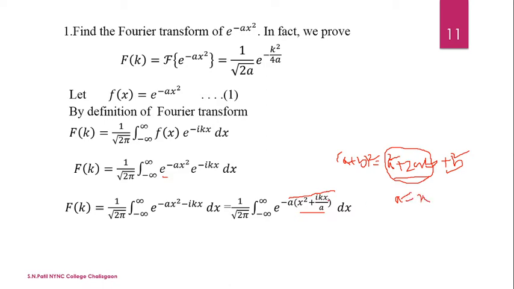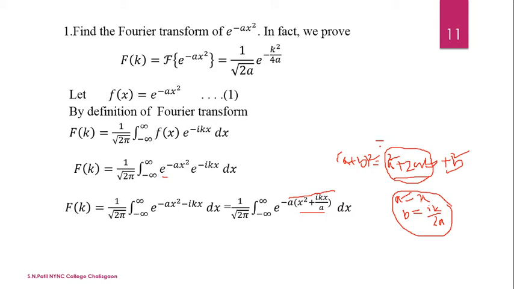Compare i k x divided by a with twice ab. Here this a is different. Then we get the value of b: a is x, the a will cancel, and the 2 is divided here, so b is i k divided by 2a. So we get a and b; substitute here.